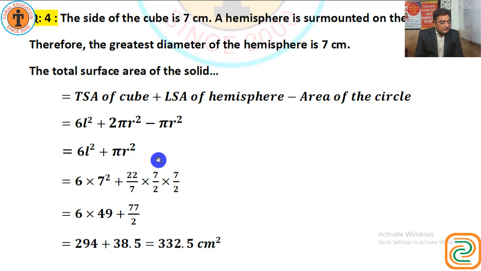What is the greatest diameter the hemisphere can have? Find the surface area of the solid. One is a cube and one is a hemisphere surmounted on the cube. Here I could not draw the figure. So the side of the cube is 7 cm. Here it is given.